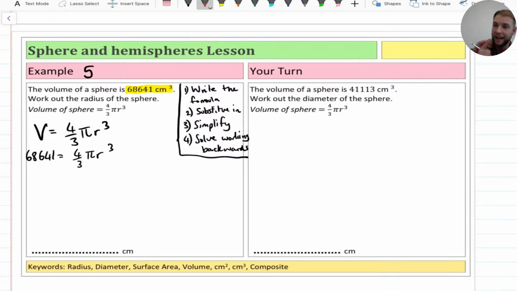So the first thing I'm going to get rid of here is that divided by 3, and I'm going to do that by timesing by 3 and timesing by 3.